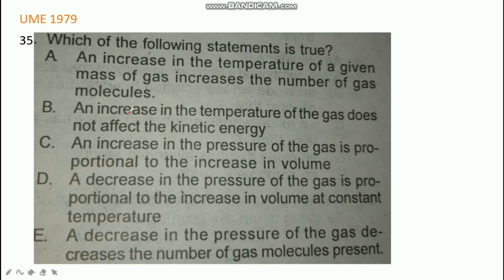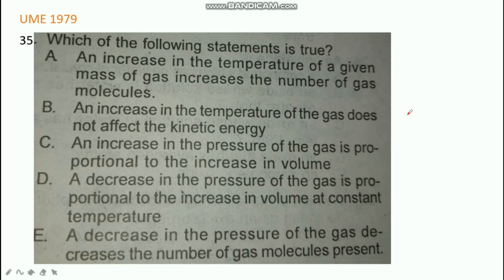Mass is always constant. An increase in the temperature of the gas does not affect the kinetic energy. Of course, an increase in the temperature of the gas does affect the kinetic energy, so that is wrong. An increase in the pressure of the gas is proportional to an increase in volume. Nope.